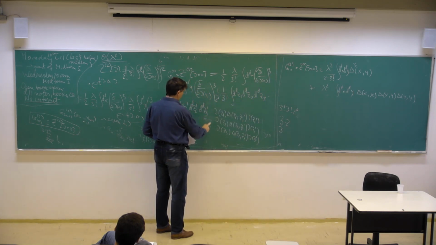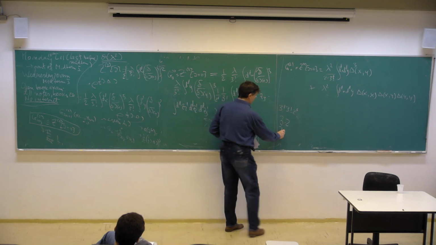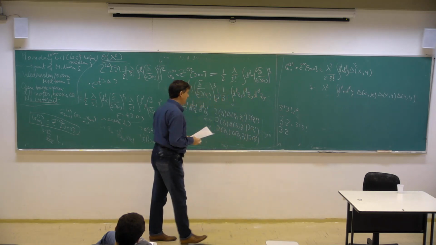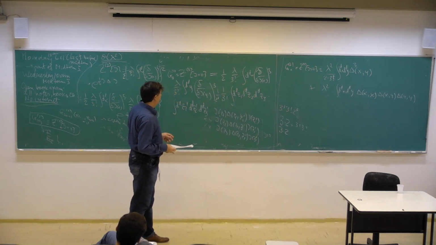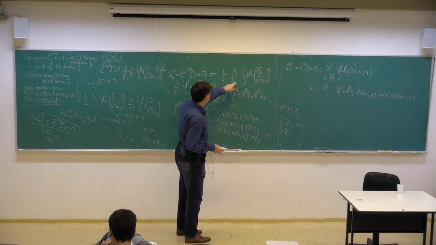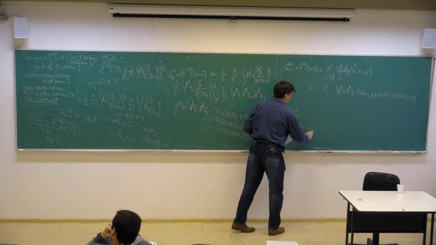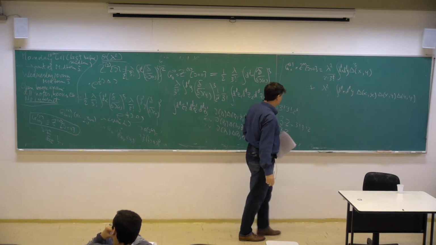And in here I also have a factor of 2 for this. So this again gives 3 factorial, 3 factorial. But then finally I can interchange the role of x and y, so I have another factor of 2.